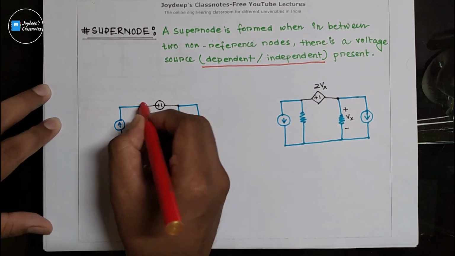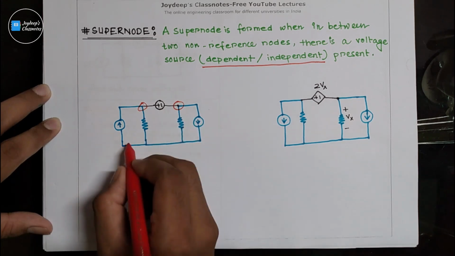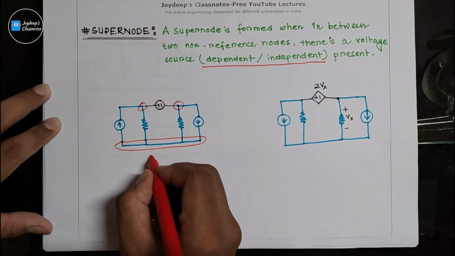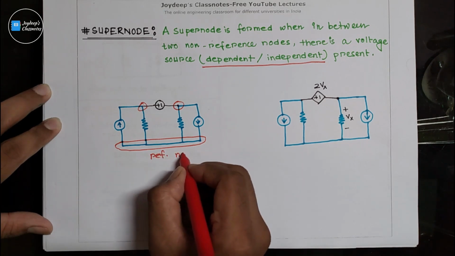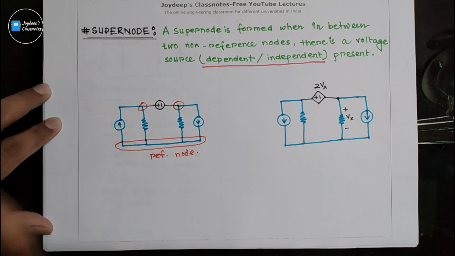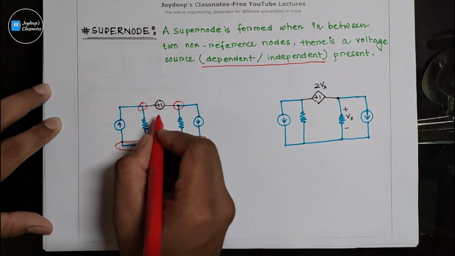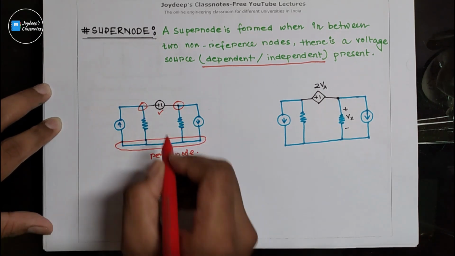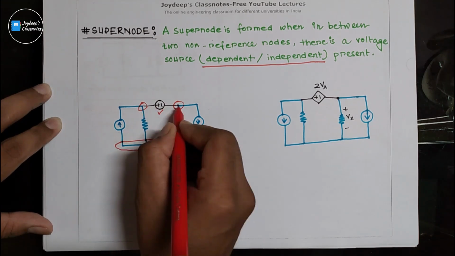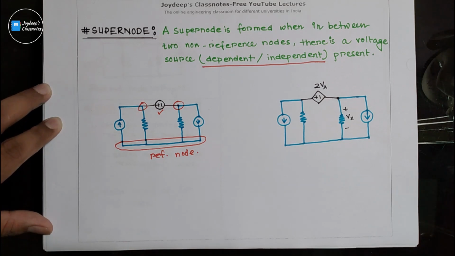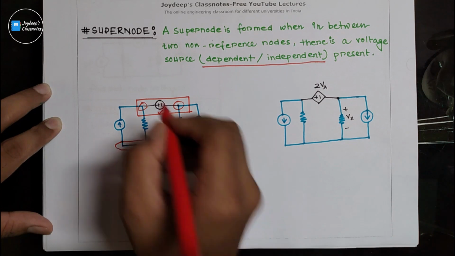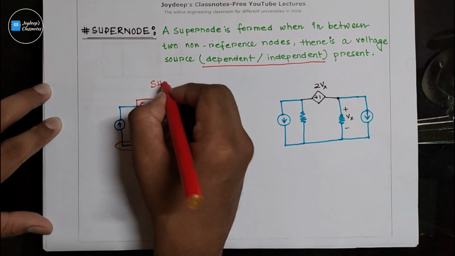This is your reference node, and these two are your non-reference nodes, and between them there is an independent voltage source. That is why we can name this entire node a supernode.